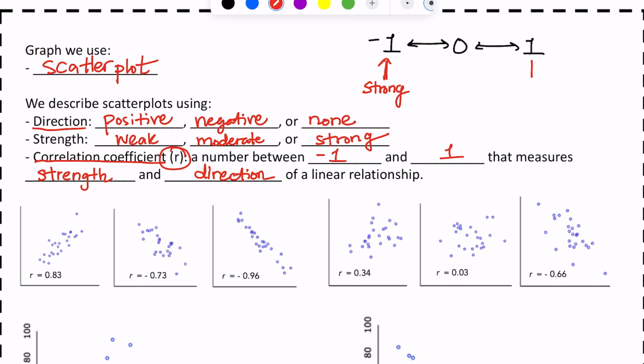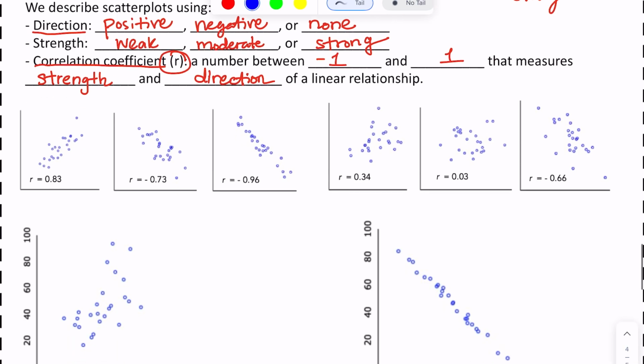R values close to +1 are also very strong. They would be very strong positive correlations. And then as we get close to 0, we're going to get weaker and weaker. So as we get closer to -1 or 1, that's going to represent a stronger correlation. As we get closer to 0, that's going to get weaker and weaker.